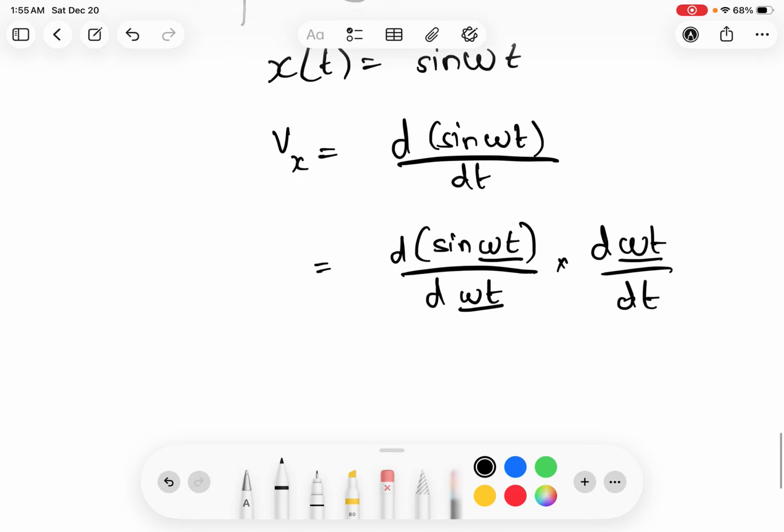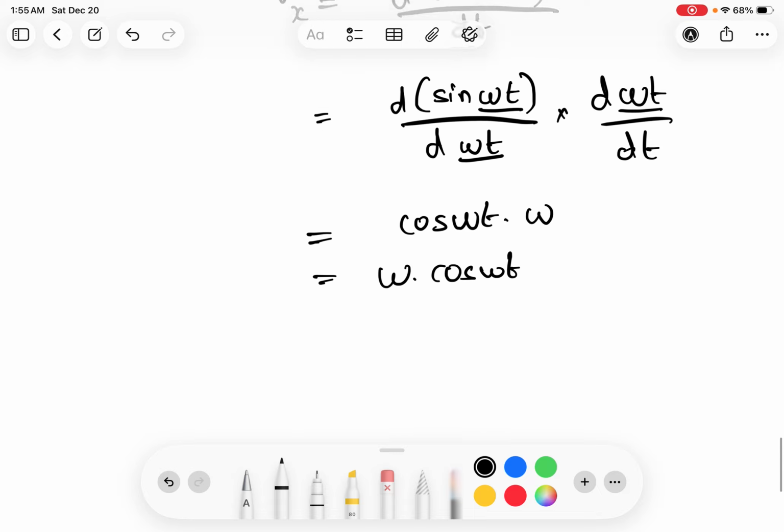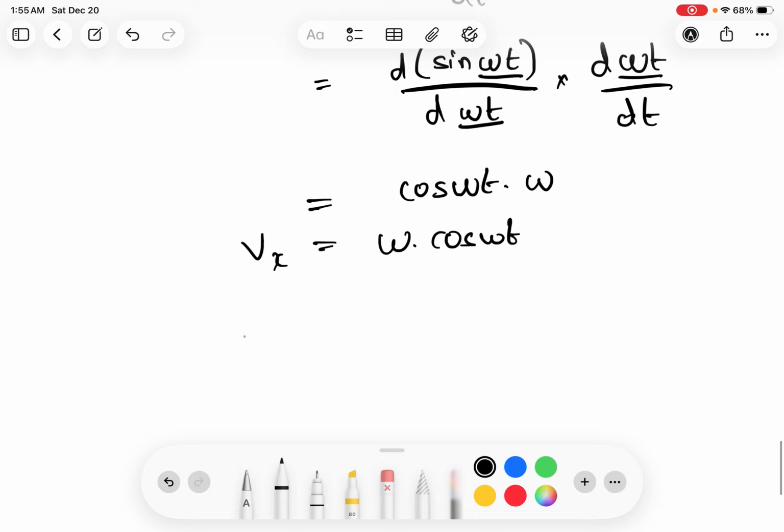So this is the chain rule, as you all know. So this cancels, but that's not how we do it. So what would that be? That would just be cos omega t, and this would be just omega. So that's the answer: omega times cos omega t. That would be the velocity in this case. Similarly, acceleration can be calculated as minus omega squared sine omega t.